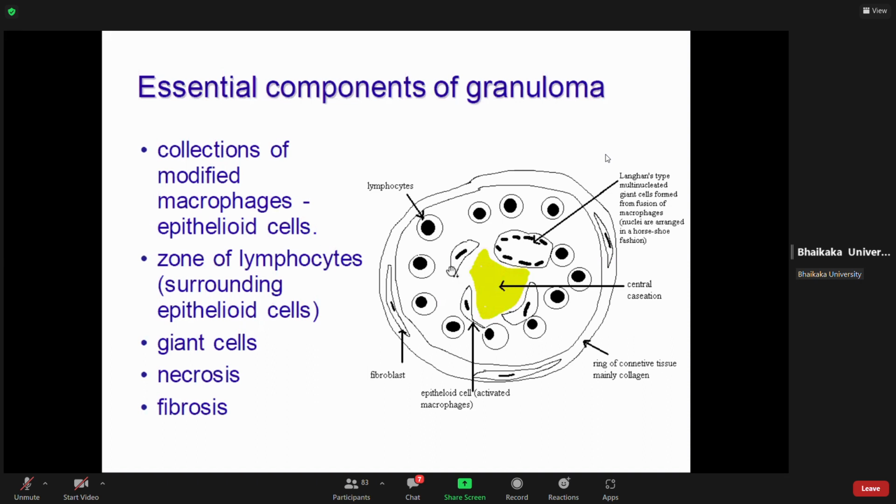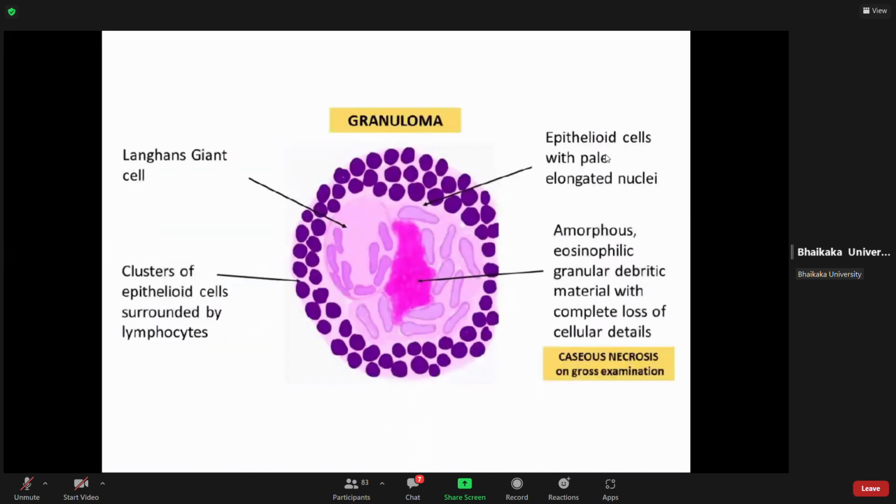Surrounding all this is the presence of fibrous tissue which forms fibrosis, covering almost three-fourths, or you can say 80%, of the granuloma. The last cover is of fibrosis, which is made up of fibroblasts. So these become the important or essential components of granuloma.